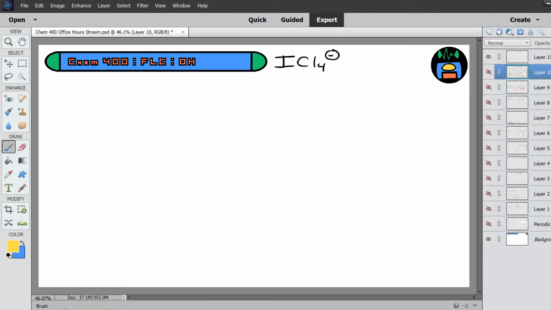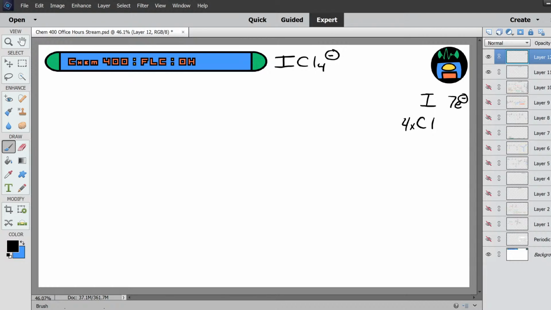Alrighty, let's take a look at yet another polyatomic ion that I don't know the name of. ICl4. So, iodine has 7 valence electrons. Chlorine also has 7, but we have 4 in play, so it's going to bring 28.